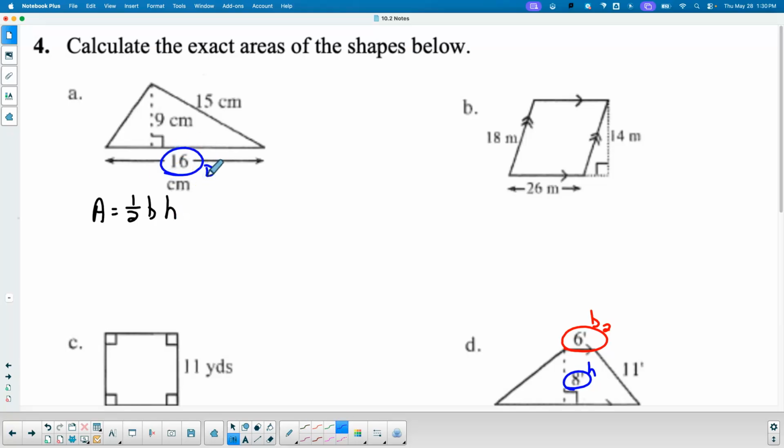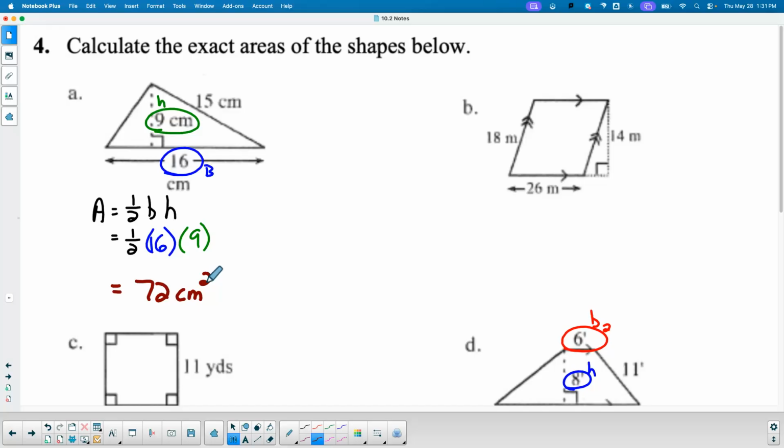What's my height? So this is 1/2 times 16 times 9, which is going to be 72 square centimeters.